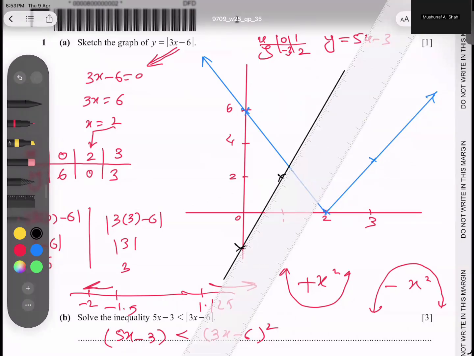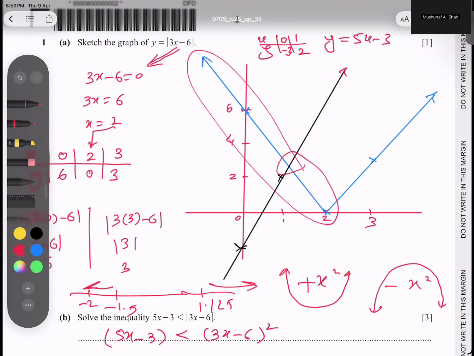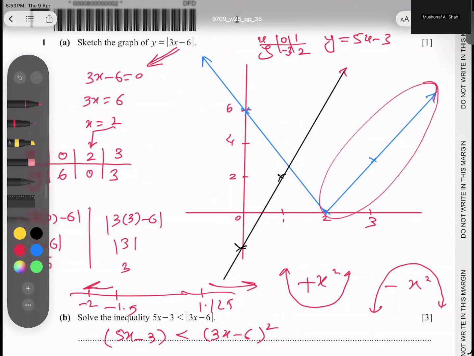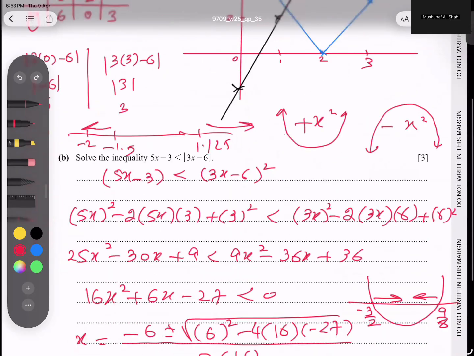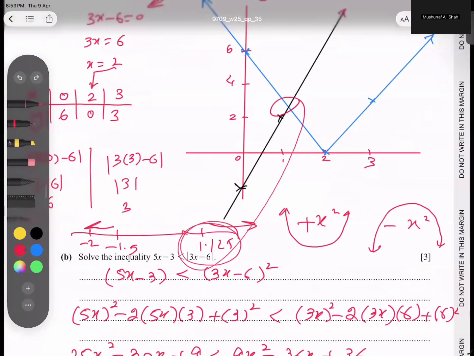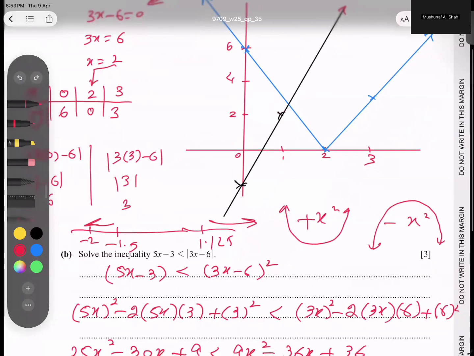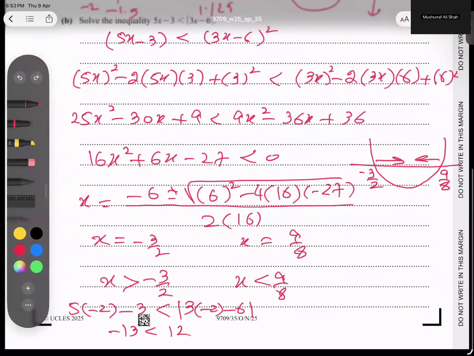You can see from here, this diagram is helping you to understand. Because sometimes we can plug in, but look carefully now. This black color line is not intersecting the blue color line here, it cannot cut this line. So it means this answer 1.125 is possible, but this negative answer is not possible. That is why we will ignore this one, though the formula is not helping us to get the right answer.